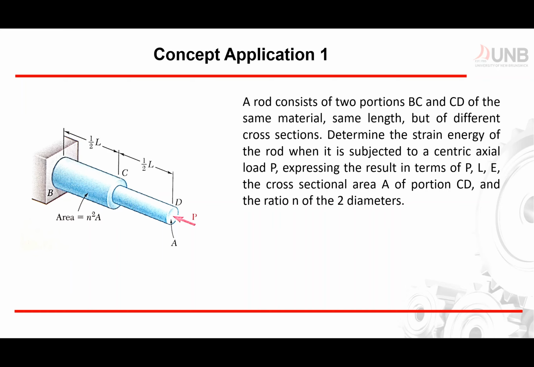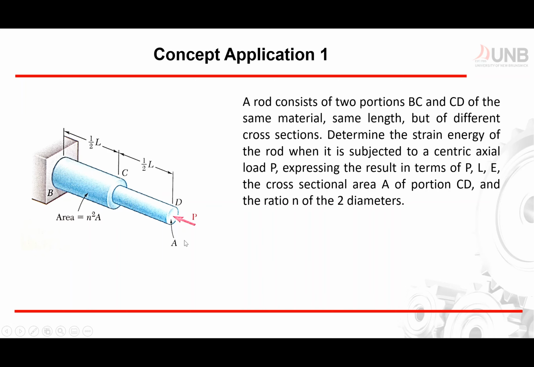Now determine the strain energy of the rod when it is subjected to a centric axial load P, so that's P in compression, expressing the result in terms of P, L, E, the cross-sectional area A of portion CD, so that's your CD, and ratio n of the two diameters. So again, we put this one as n squared A, and that's our A, that's the smaller section of your sample.